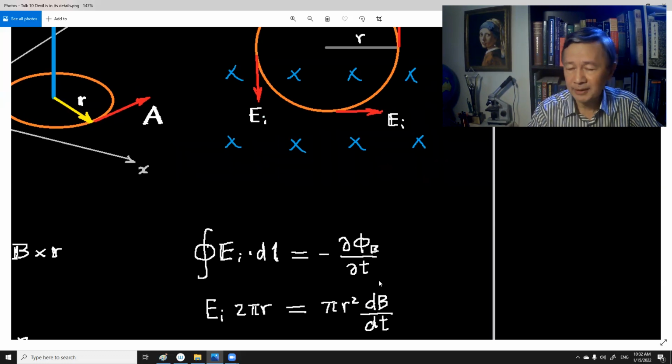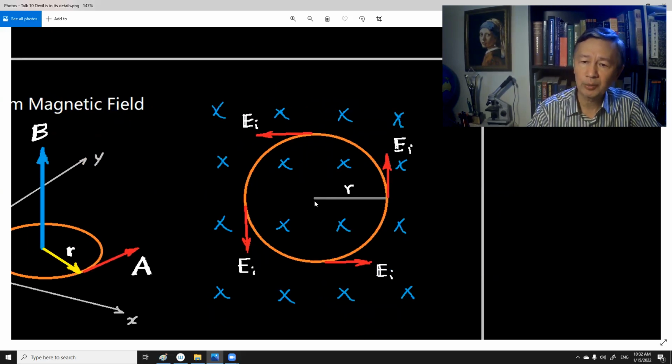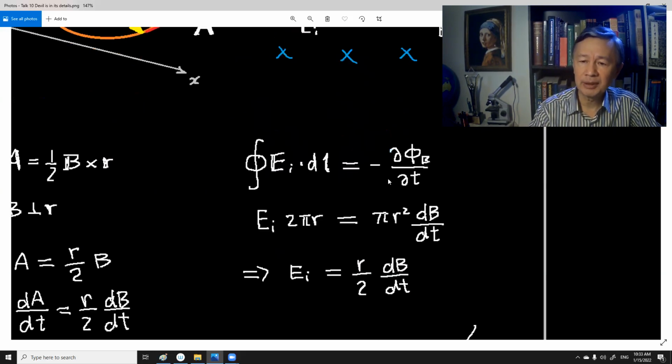In passing, you can see that the negative sign disappears because, by this definition, the angle between the magnetic field and the direction of the area of the circle is 180 degrees. That's why the negative sign disappears.